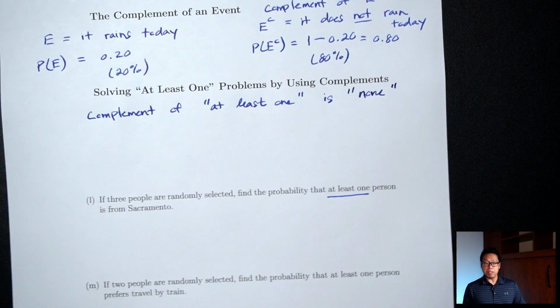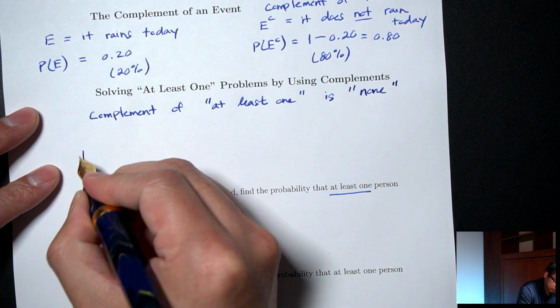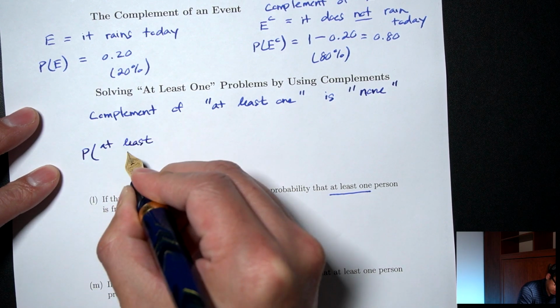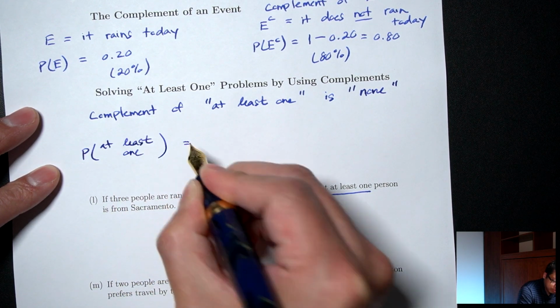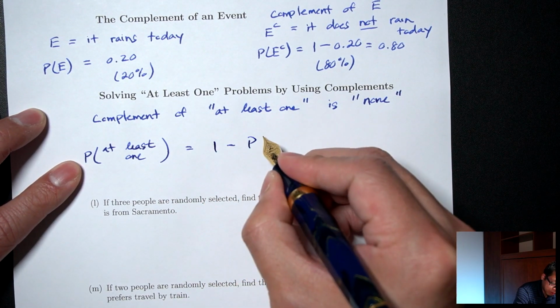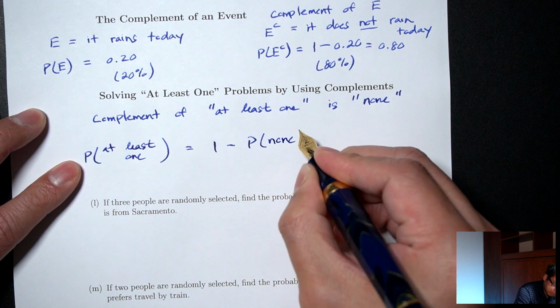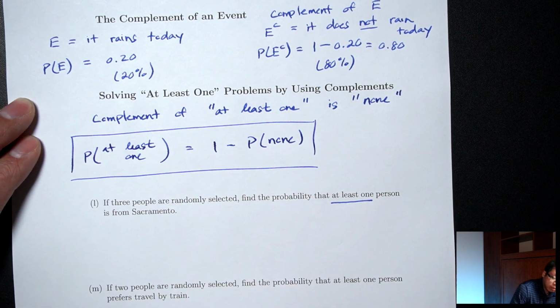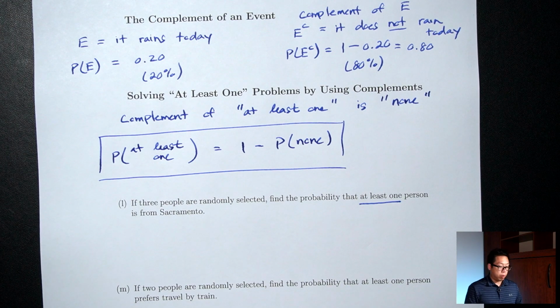And that's going to be our strategy. To find the probability of at least one, we're going to do 1 minus the complement, which is none. Okay, and that's the strategy we're going to use for any problems that involve the words at least one.